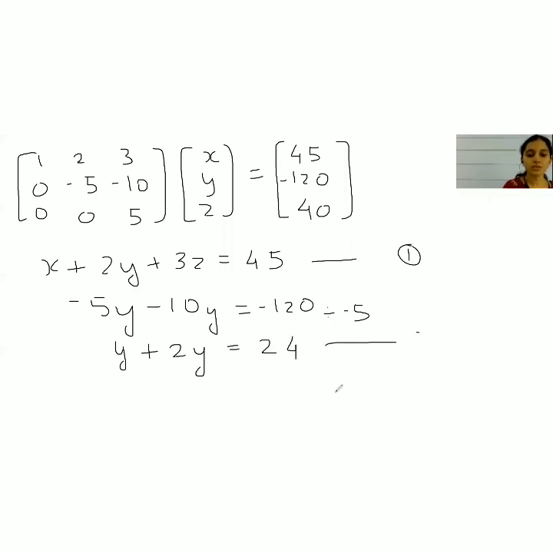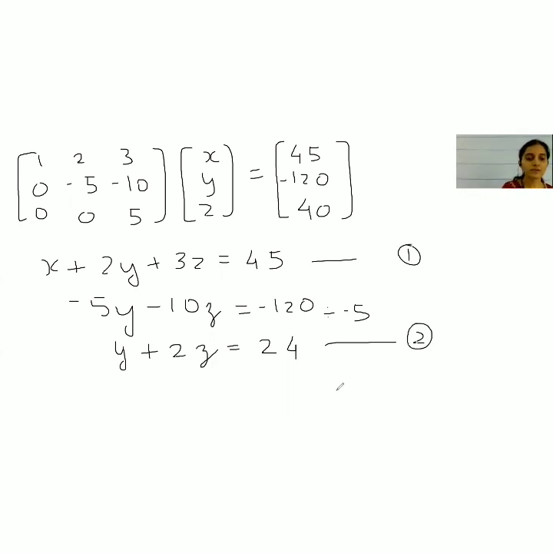So this becomes your second equation, y plus z over here. Sorry, it should be z. They look the same, 2 and z. Let me change that. We'll put this z here. y plus 2z is equal to 24, right? This is your second equation.